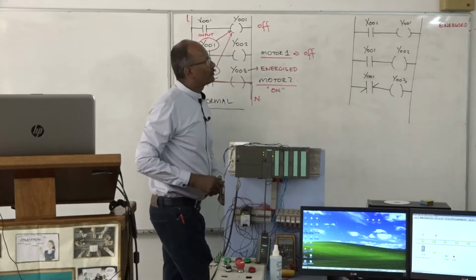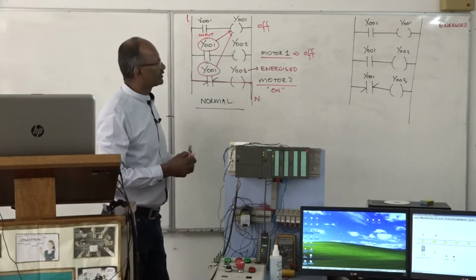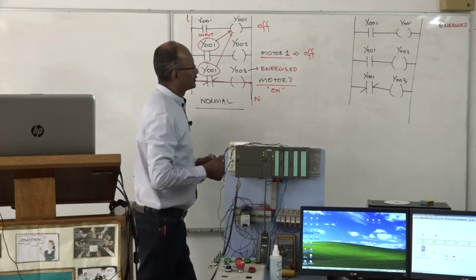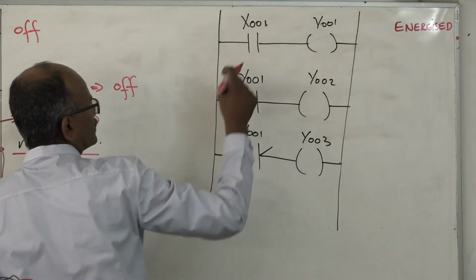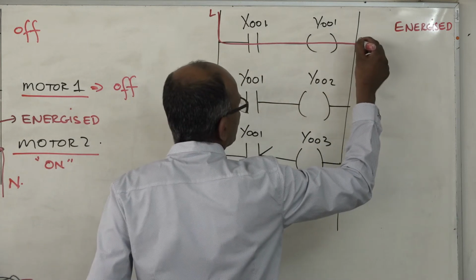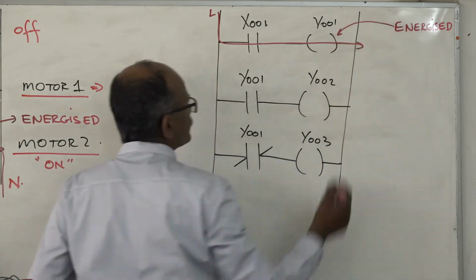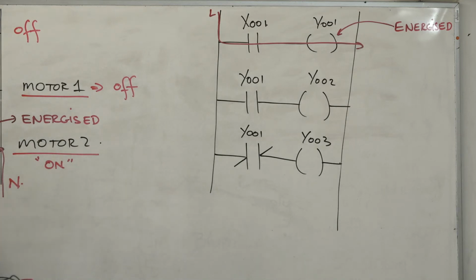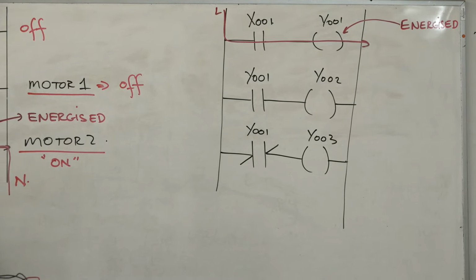So what happens if the circuit is now energized? I've now pressed the start button. That's my live. Current is going to flow there, and Y002 would be energized. I'm going to assume for all practical purposes that it's latched, although it doesn't show it in the circuit.